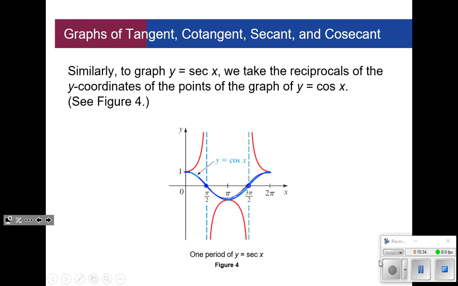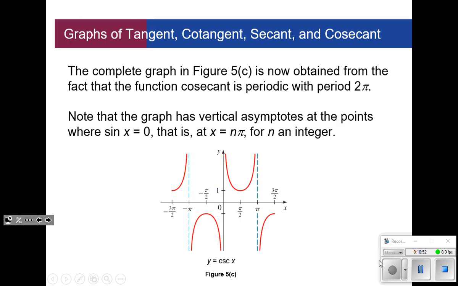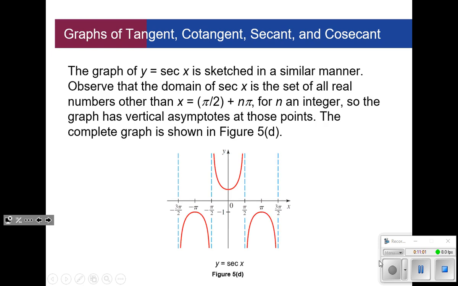And at the top or bottom of each of the humps for cosine, that's where we draw our secant. So it's just opposite. Now, these have the same shifts and everything that we're used to, so don't be worried about that. This is just more about periods and whatnot.